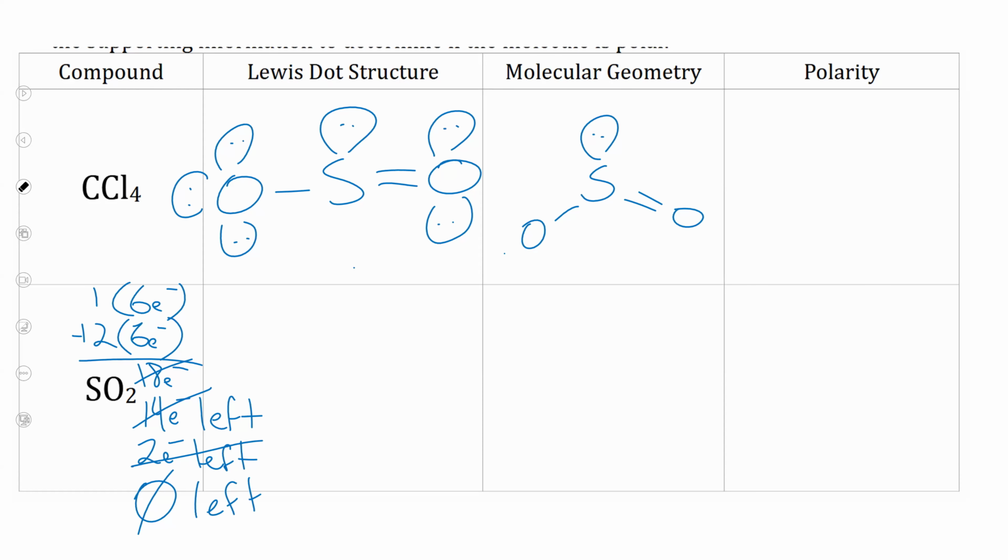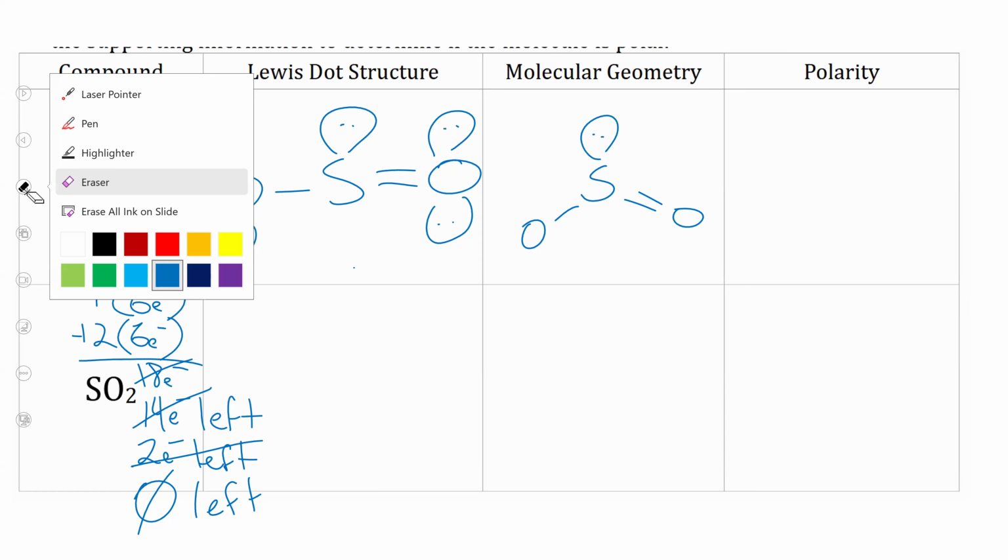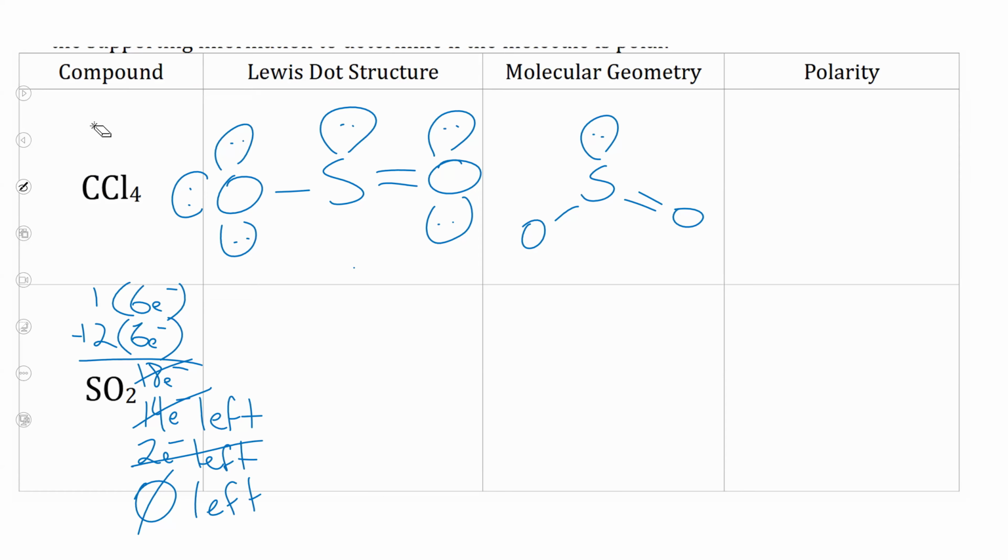So if we have three things taking up space, our electron geometry. If you drew it like this, full credit, as long as you get it close to 120 degrees on these. If you're going the route of using the name, you don't need to show the electron geometry because I only asked for molecular geometry.